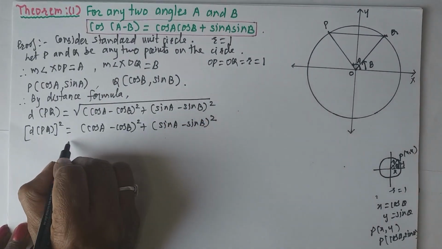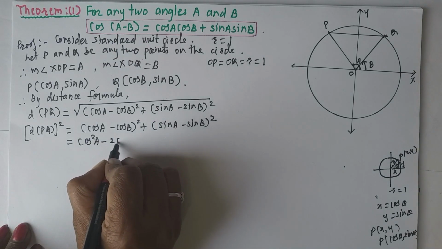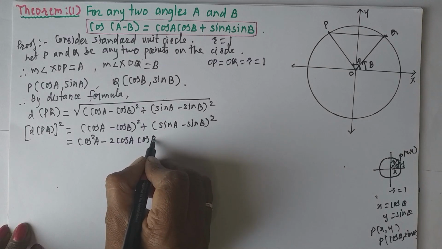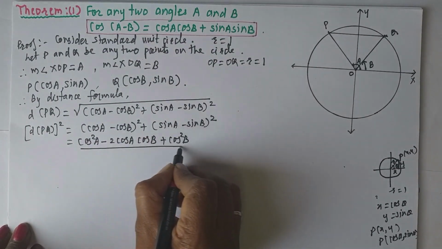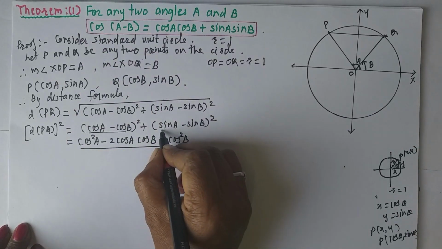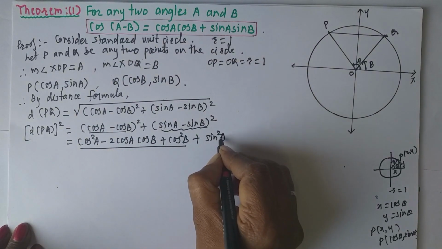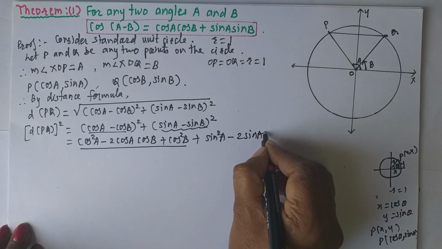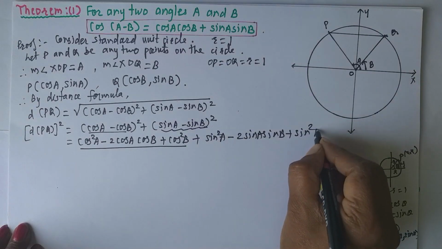Now you expand the bracket. This will be cos square A minus 2 cos A cos B plus cos square B. This is expansion of first bracket. Now we take expansion of second bracket, that will be sin square A minus 2 sin A sin B plus sin square B.